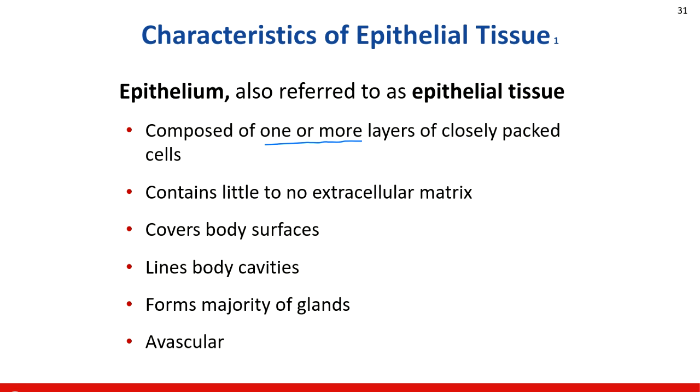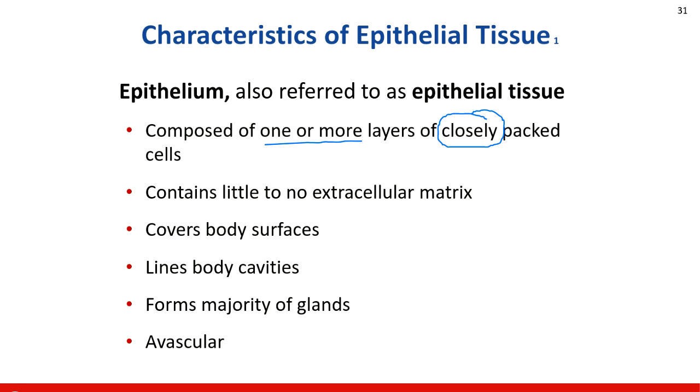But this is an important characteristic, that these cells are closely packed to one another. Not like connective tissue, all right? Some of those cells can be spread out pretty far from one another. But when we're talking about epithelial tissue, this is a characteristic you need to know, is that they're closely packed to one another.